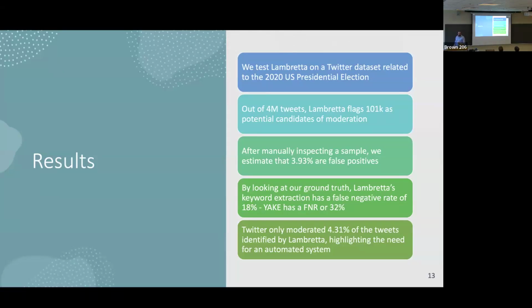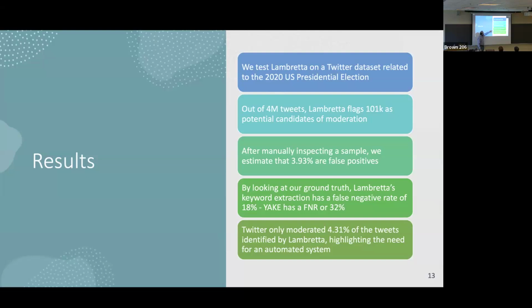Out of 4 million tweets, our system flagged 101,000 as potential candidates for moderation. After manually inspecting a sample, we estimate that 3.9% of those are false positives, okay? So we still make mistakes. That's why we cannot fully automate this.